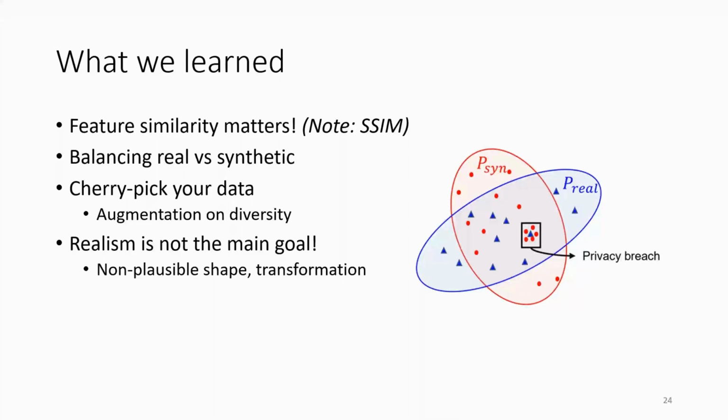We have to cherry pick the data and measure the distance between the features, and make sure that the data acts as augmentation and is complementary on the diversity. So again, the realism is not the main goal, utility is, but because of that as well, different augmentation types, such as shearing and really weird rotation, a non-plausible shape and transformation, can also be used.